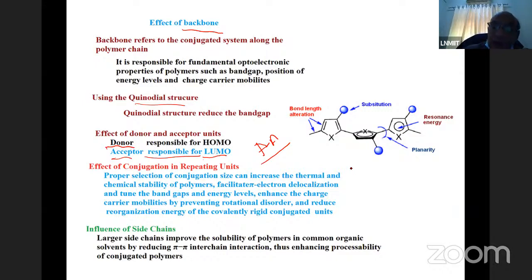There is also conjugation length. If you change the conjugation length, it will also affect the band gap. And if you put something here, this will increase the solubility of the material, because in organic electronics or organic photovoltaics, we always use solution processing techniques to fabricate the device.